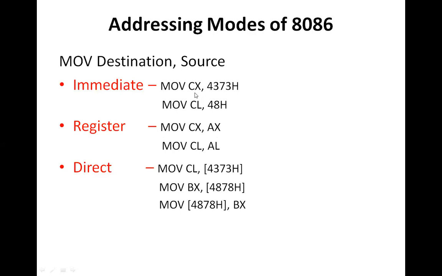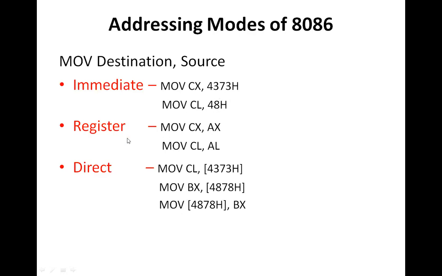If you write CX, it is a 16-bit register, so you have to define 16-bit data. If you write an 8-bit register, then you have to define only 8-bit data. Otherwise, since the format will be wrong, the instruction will give an error and will not be executed. So the data is supplied immediately within the instruction.